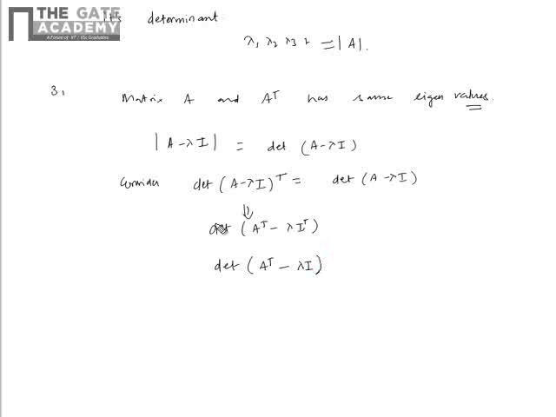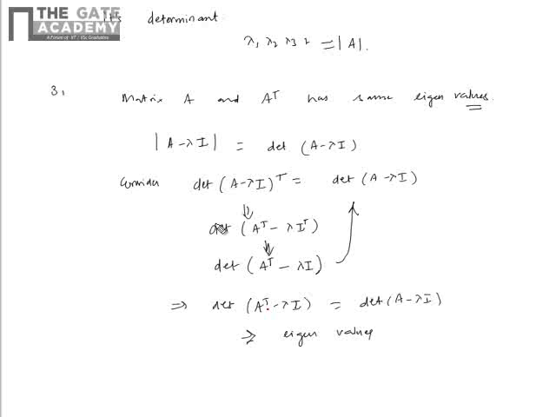So ultimately we have shown that this is equal to this, and we all know that. So finally what we get is that the determinant of A transpose minus lambda I is equal to the determinant of A minus lambda I, which means the eigenvalues are the same. The determinant of A transpose minus lambda I gives you a characteristic equation, and the determinant of A minus lambda I gives you a characteristic equation.